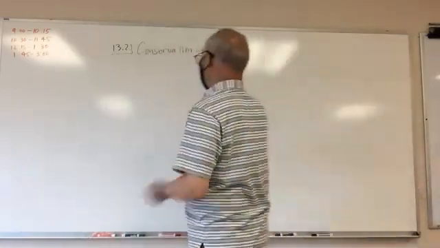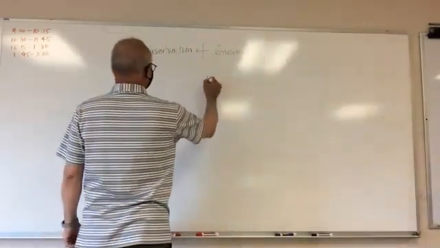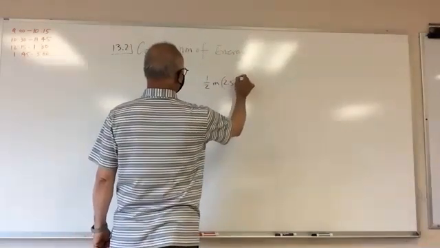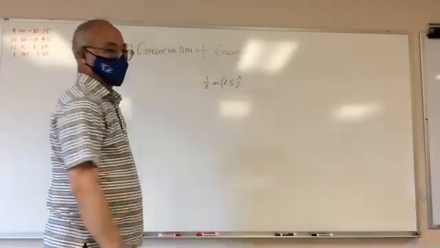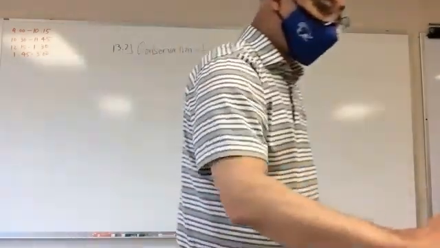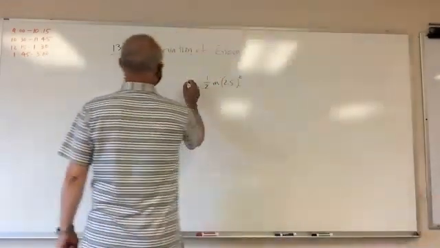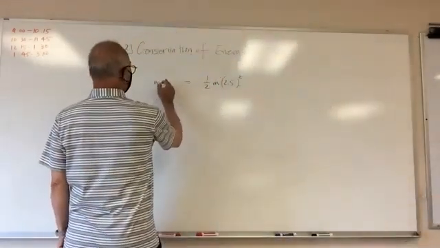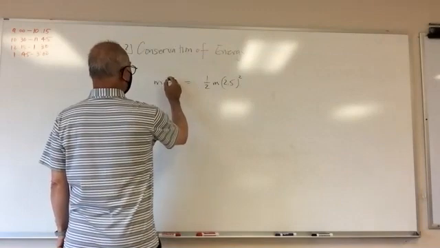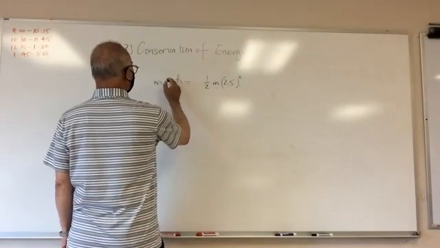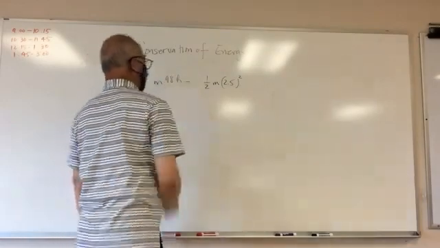is going to be one half m times 2.5 squared. And the height from which I release it, which is what we're trying to figure out, the potential energy is mgh, and I'm trying to figure out what h is. I know what g is. g is 9.8.